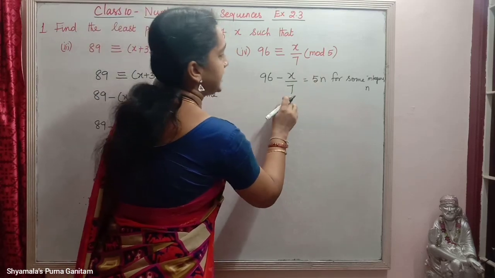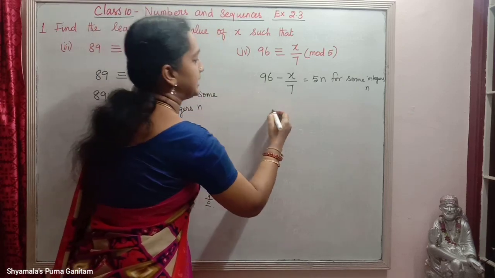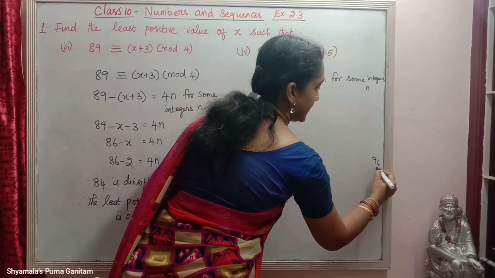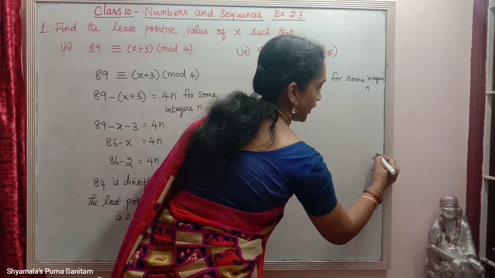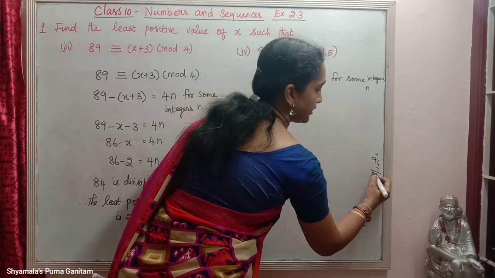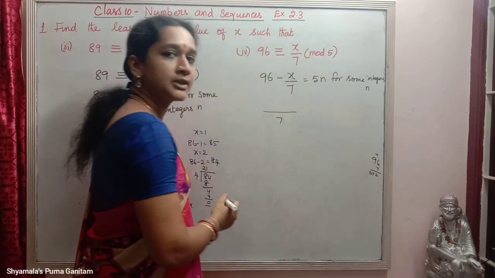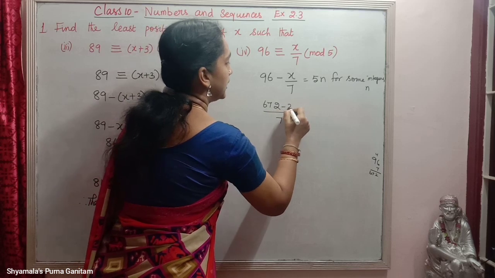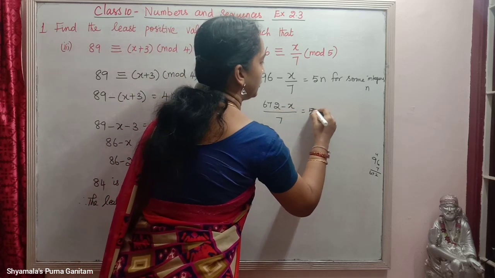In this we will take the LCM for 7. So 96 into 7: 6 sevens are 42, 9 sevens are 63 plus 4 is 67, so 672.